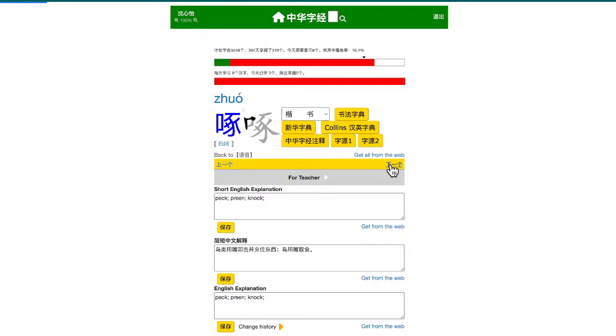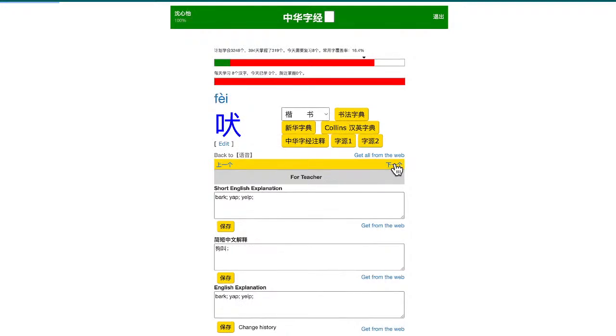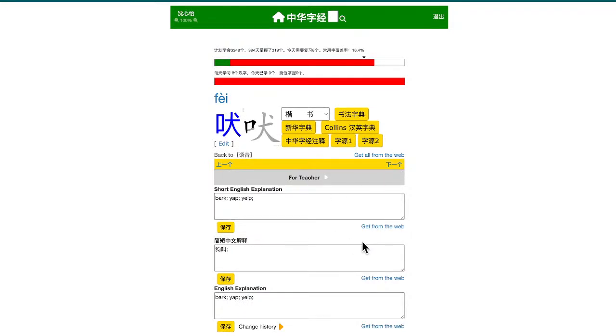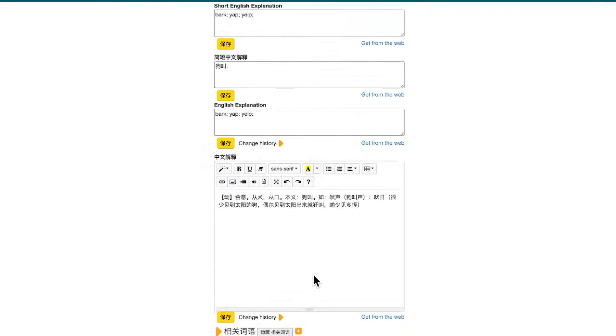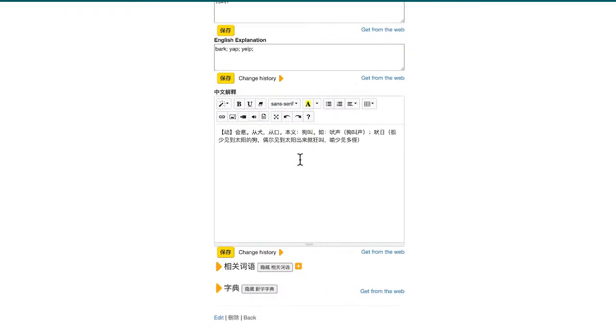Next one. 吠 means bark, means yap. So that's basically dogs making their loud barking sound, called 犬吠.